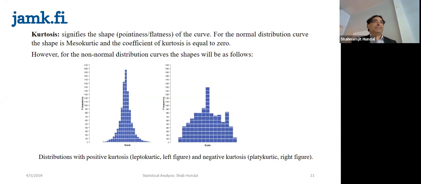And the mountain is like a triangle at the base. So who's more pointy, mountain or plateau? Mountain. The curve which looks more mountain-shaped has higher kurtosis. So you can see here, this curve is very pointy.